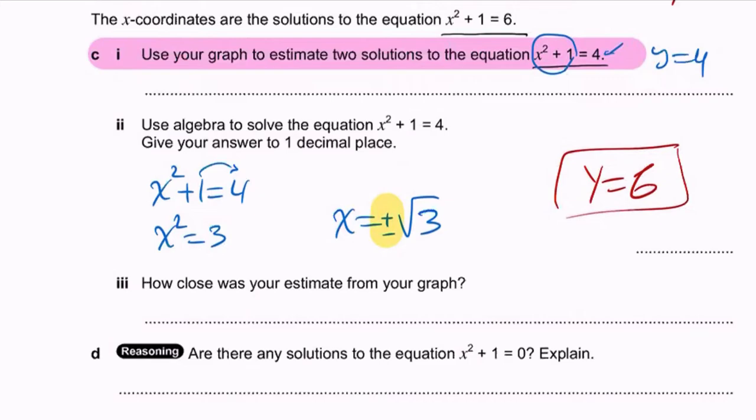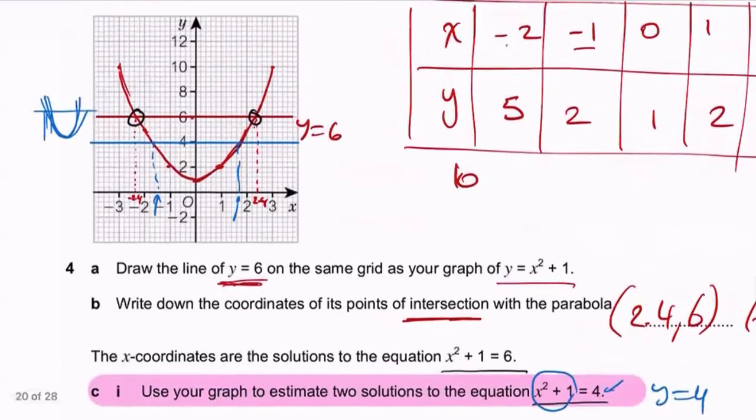So now I'm opening my calculator and taking the square root of 3. Square root of 3 equals 1.7 to one decimal place, so x equals plus or minus 1.7. This is algebraically.